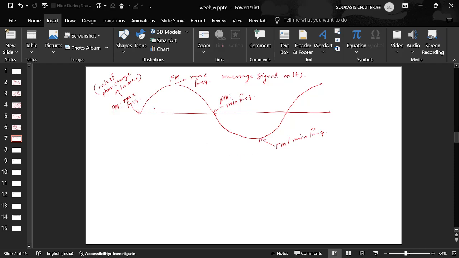So we have correctly identified the 4 points corresponding to phase and frequency modulated signals and their maximum and minimum frequency regions. Now we can draw the phase and frequency modulated signals. I warn you that the drawing is not going to be much good, but you will be able to understand at least what's happening.